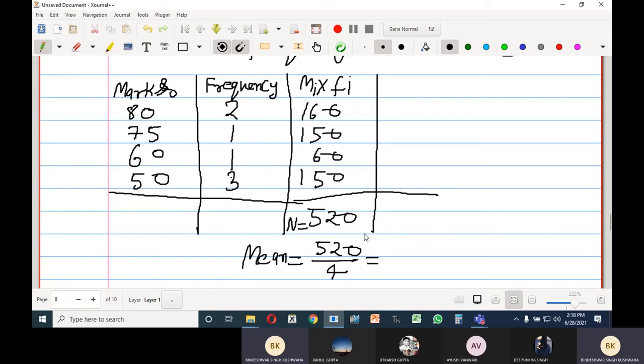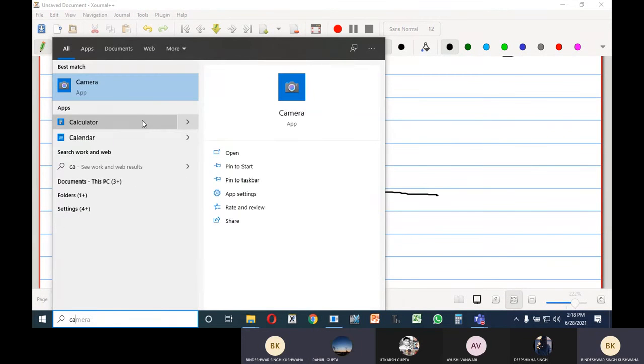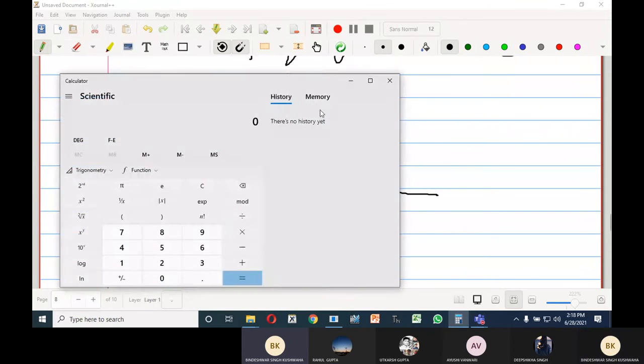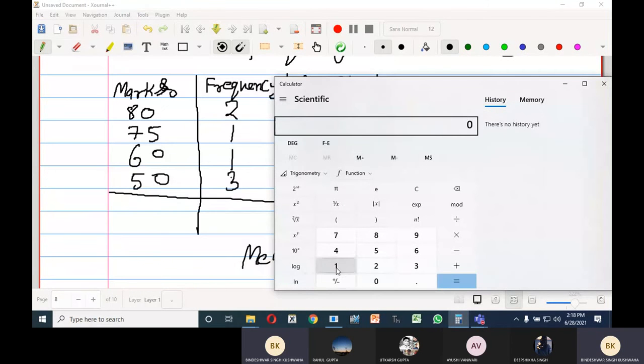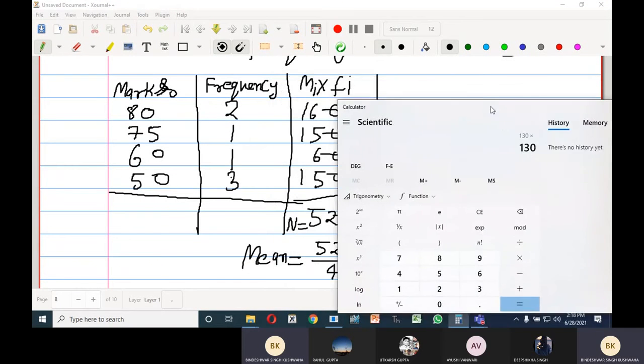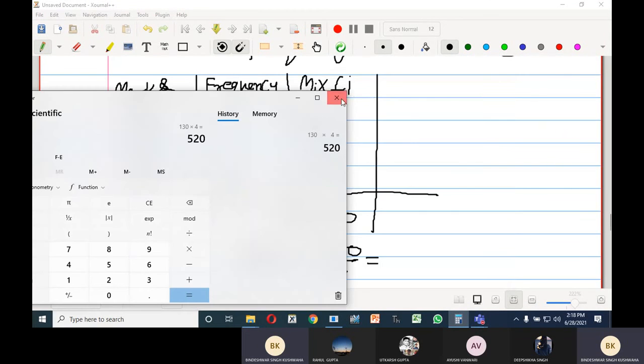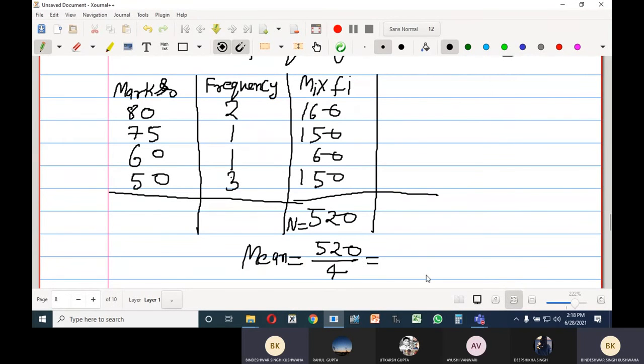So let us see. Use the calculator. Calculate 130 into 4. Very good. Okay, 520. Absolutely right. See, you have got the average 130.